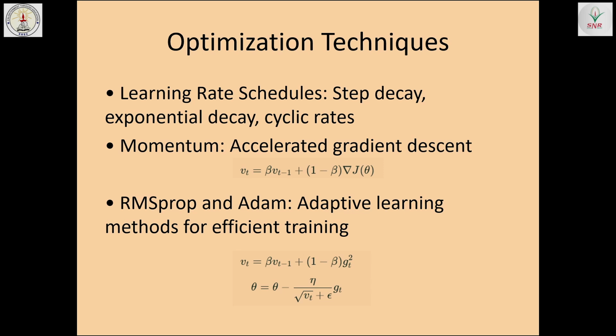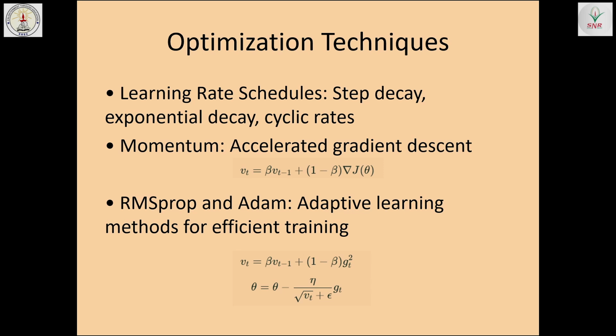Okay, and then next when you go to RMS prop, what is happening? RMS prop is the root mean square propagation. The short form for root mean square propagation is RMS prop. This is one adaptive learning rate methodology.